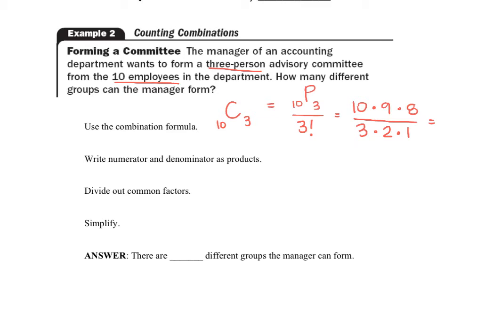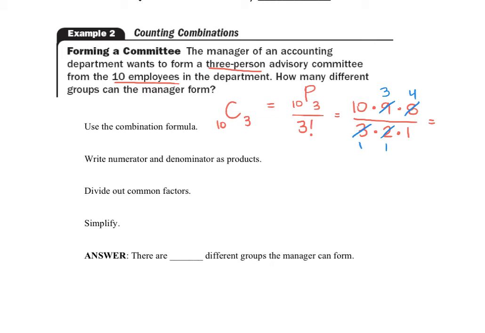Okay, so I know that 3 goes into 3 once and into 9 3 times. And I know that 2 goes into 2 once and into 8 4 times. Now maybe what you're thinking is, well, couldn't you have put 2 into 10? Yeah, you could have. There's more than one way to simplify this and you will still get the same answer.